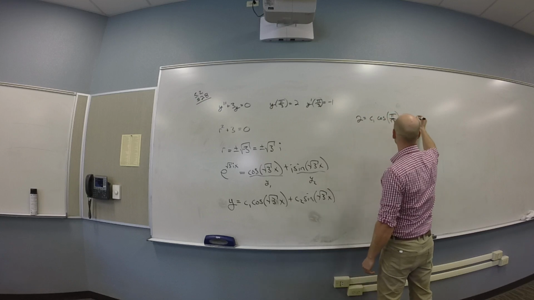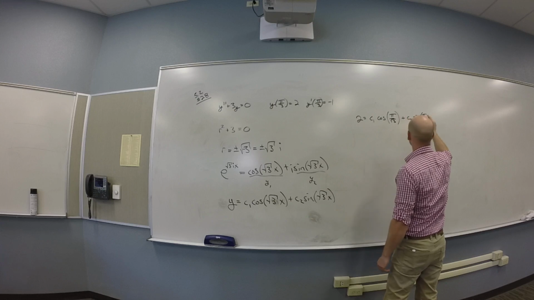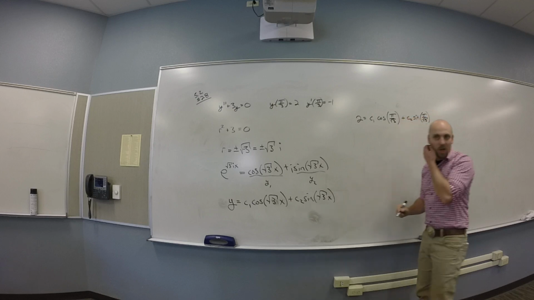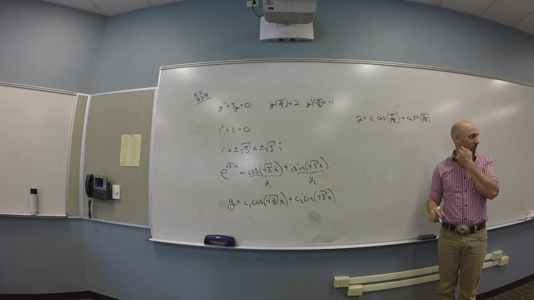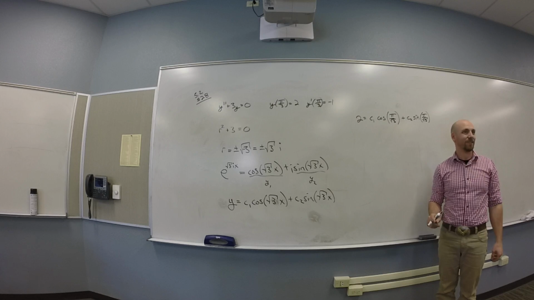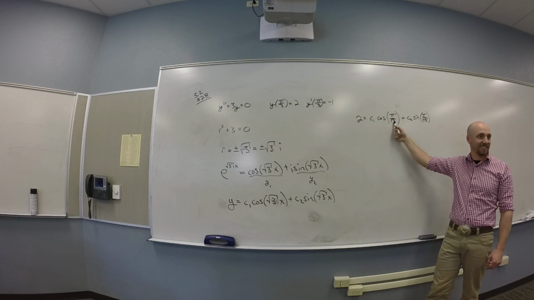Plus C2 sine of pi over the square root of 3. Okay, and now I'm like, uh-oh, right? Because those are nice numbers that you can memorize. Yeah, those are not standard angles, right? I'm hoping this thing lives in angle land in my head, and this does not live in angle land in my brain.